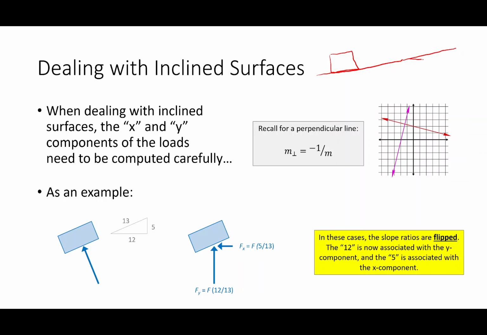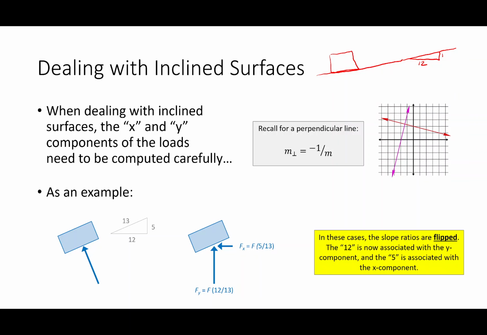Let's do 1 to 12. That's actually a really practical slope ratio, because 1 in 12 is the maximum slope ratio you can have to be ADA compliant, so handicap ramps.